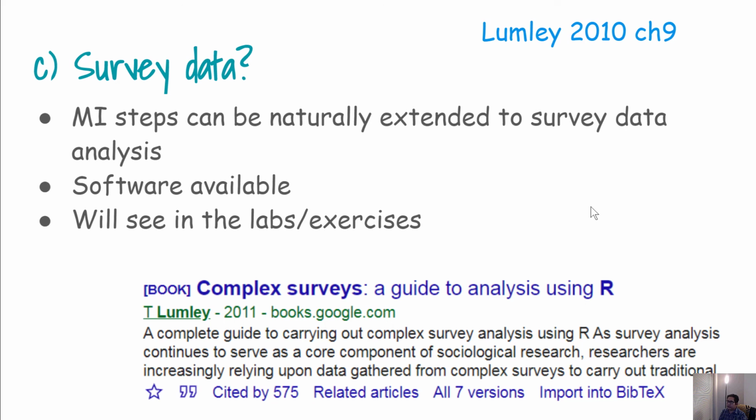And the answer to this is that even though this is a multi-step process, the process is exactly the same when we are dealing with missing data in surveys. We can essentially extend the multiple imputation approach to the survey data analysis, and in the lab as well we will see some examples that will be helpful for you to understand how to do that.